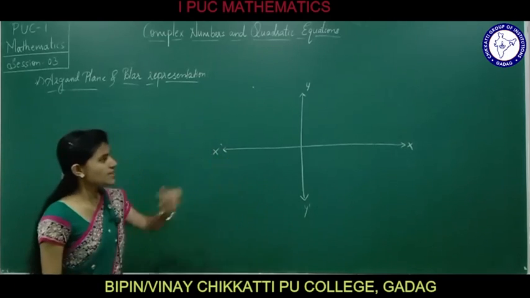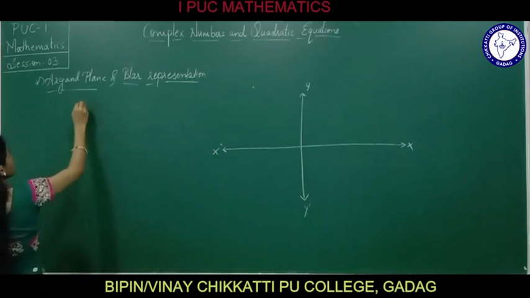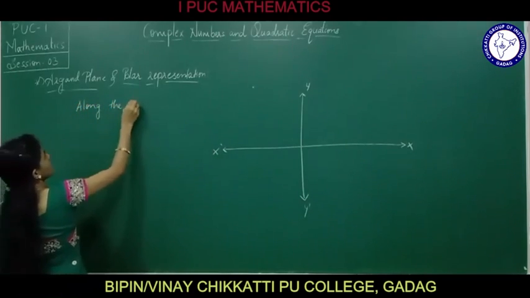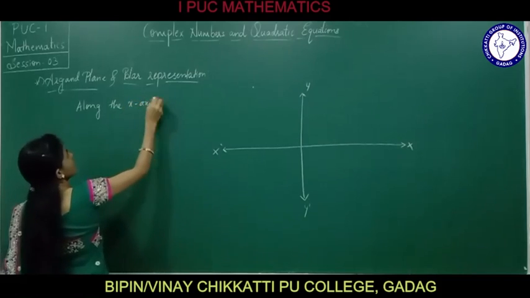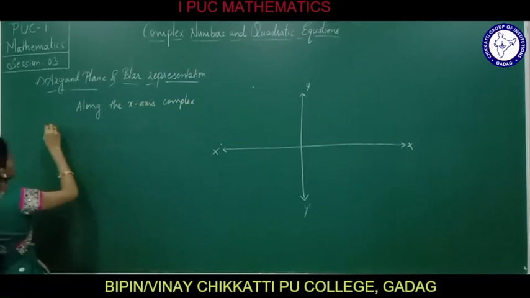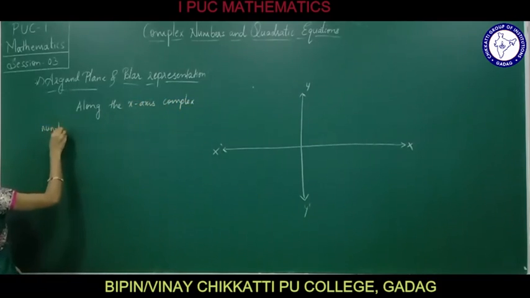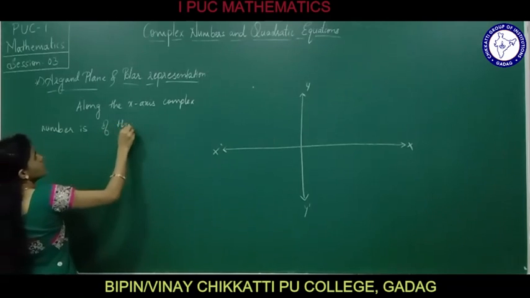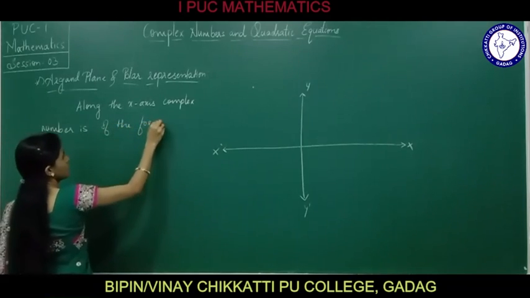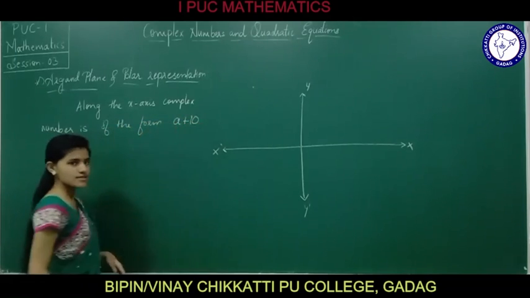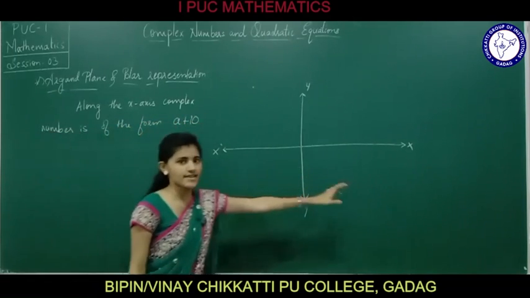Here along the x-axis, a complex number is of the form a plus i into 0, which is on the x-axis.